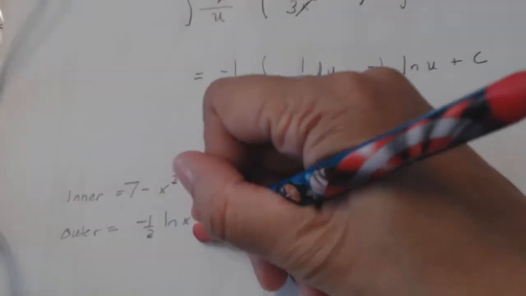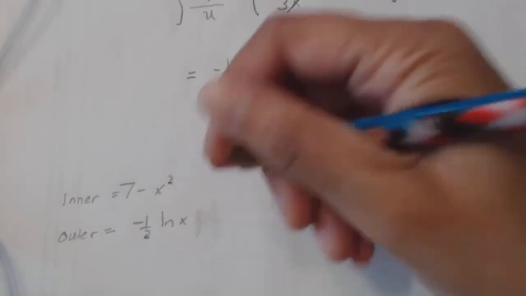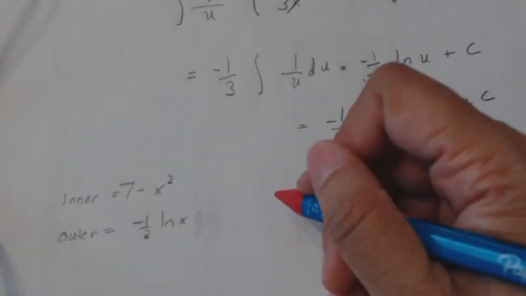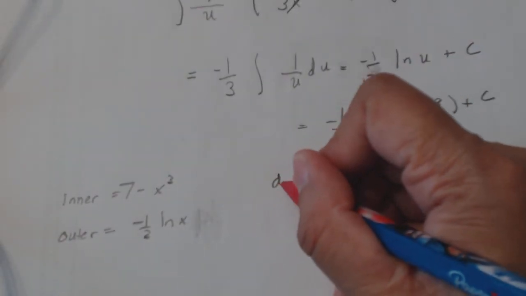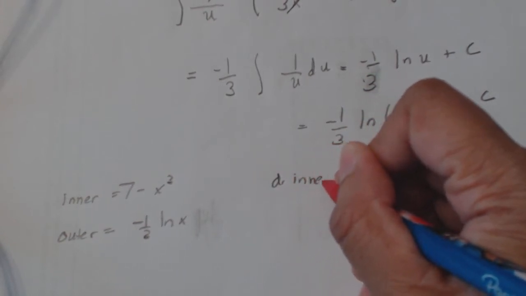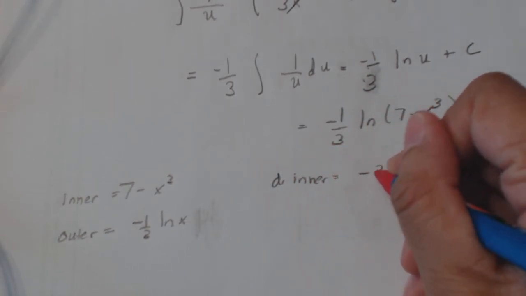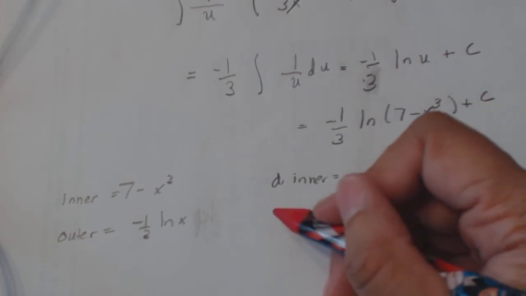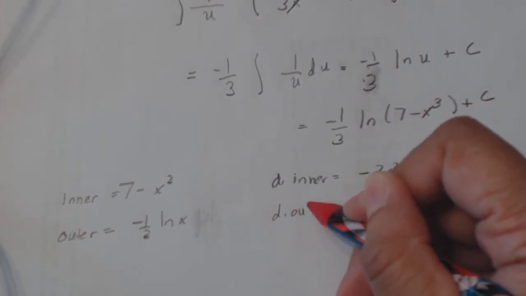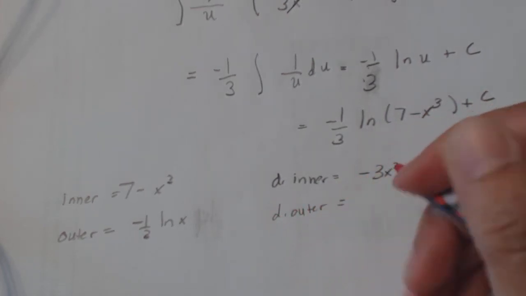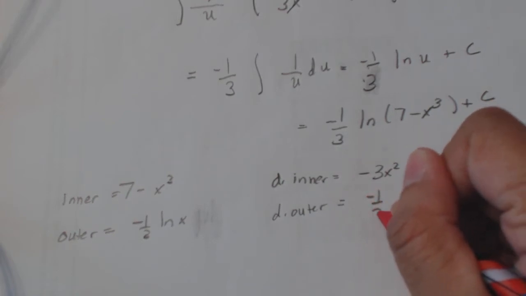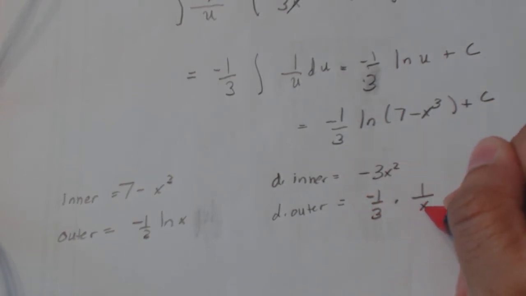We can forget the plus c. The plus c is going to disappear when we take the derivative, so don't worry about it. My derivative of the inner is minus 3x squared. The derivative of the outer is equal to minus 1/3 times 1 over x.